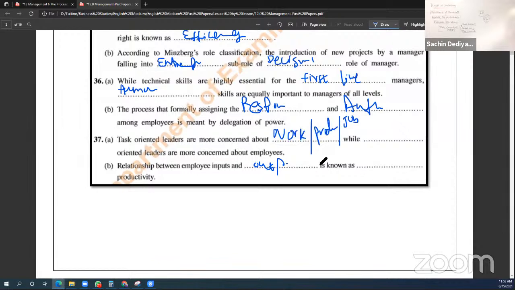When you come to the inputs, it could be the number of employees, or the number of working hours, man hours, employee hours, labor hours. And the output could be the number of units that you produce. That is known as labor productivity.